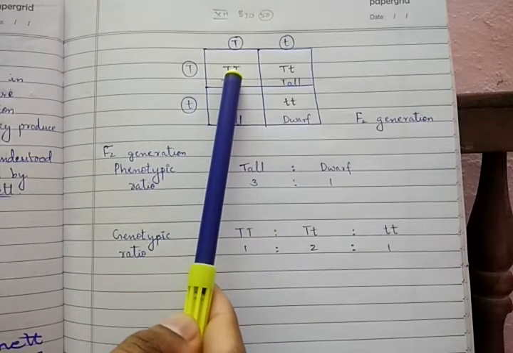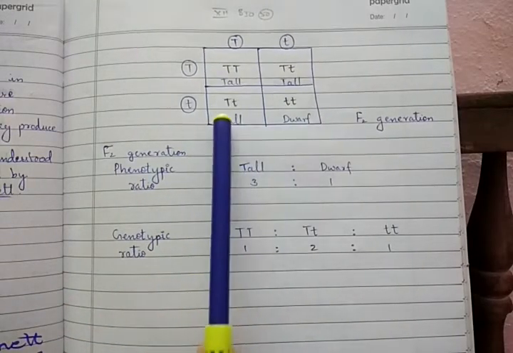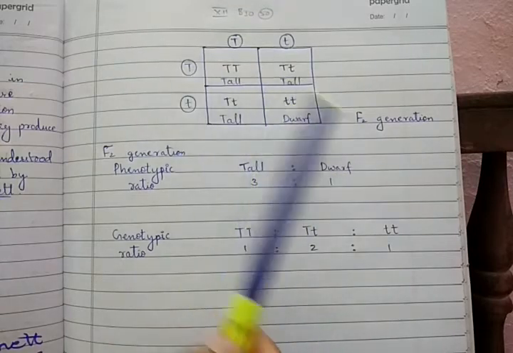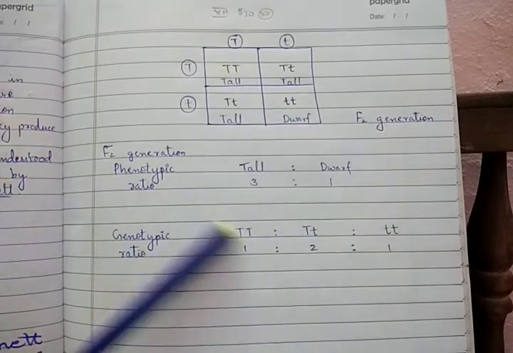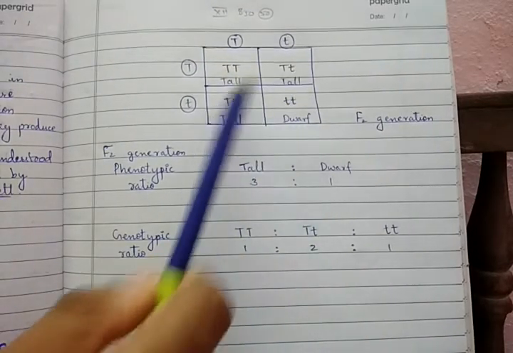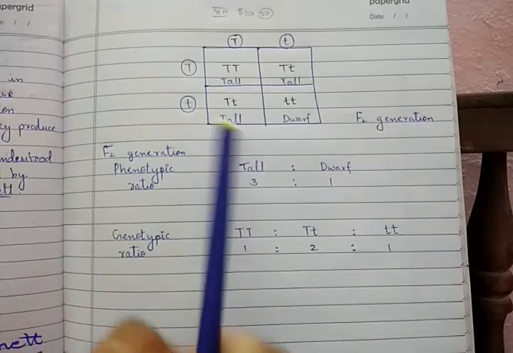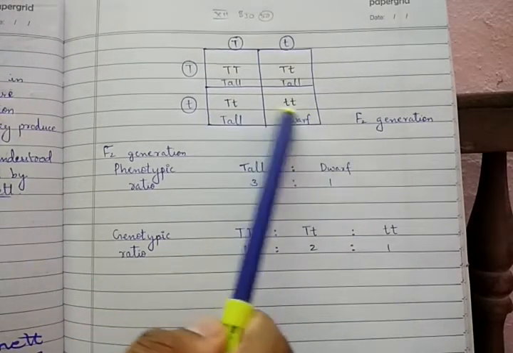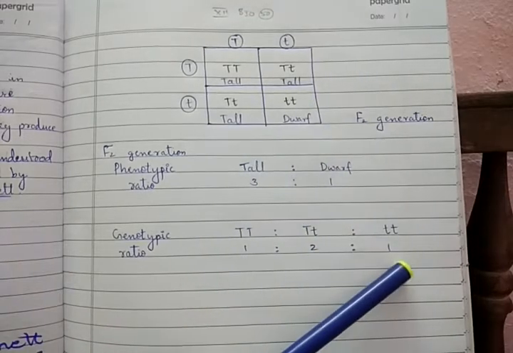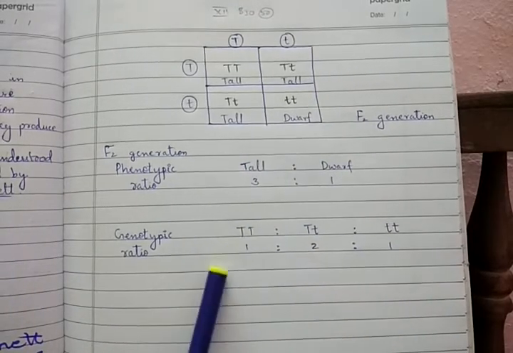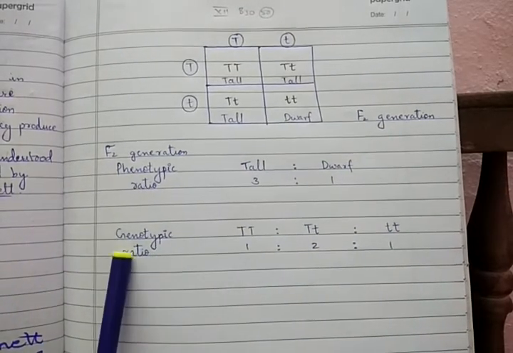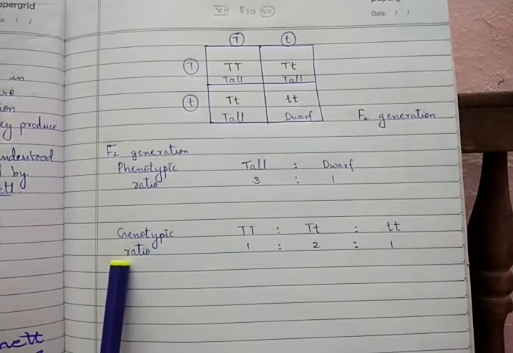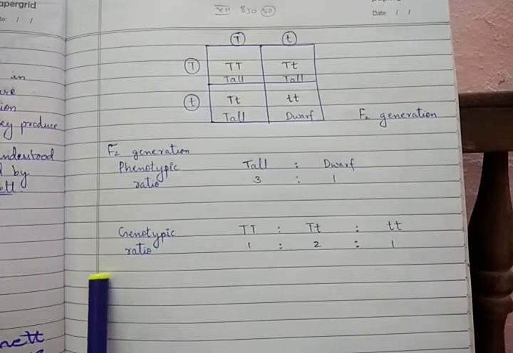Capital T, capital T, capital T, small t, and small t, small t. Capital T, capital T, there is only one. Impure condition means heterozygous condition. How many are there? 2. And again the pure condition of homozygous recessive is 1. So this is the ratio. 1:2:1 is the genotypic ratio. Okay. I think you understood the concept.